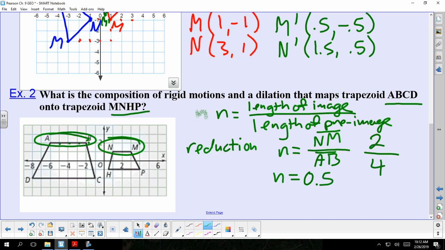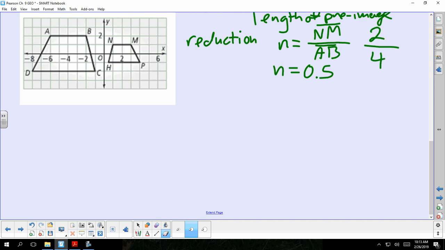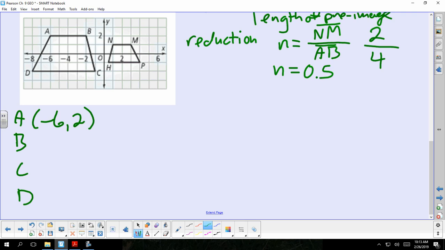So let's go ahead and perform that and shrink ABCD. Remember what I'm going to do: I'm going to find each of those points. A is negative 6, negative 2, B is 2, C is negative 1, negative 2, and D is negative 8, negative 2.